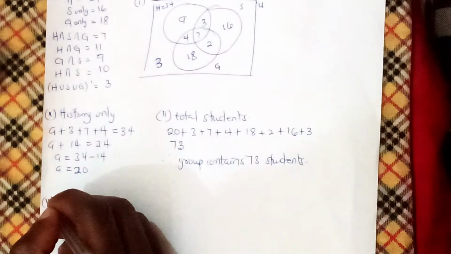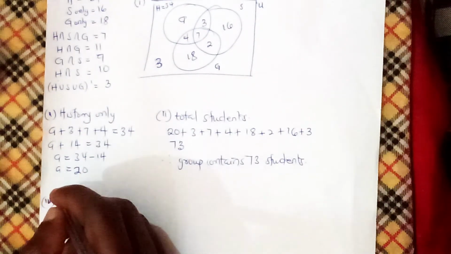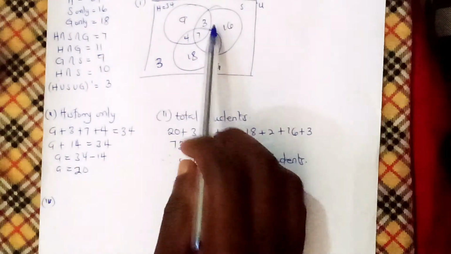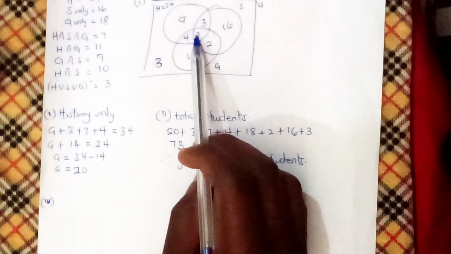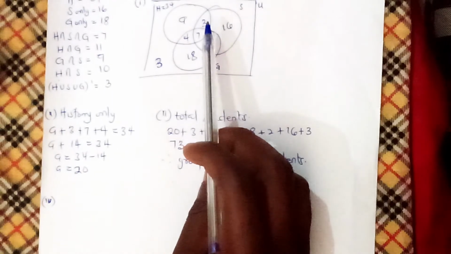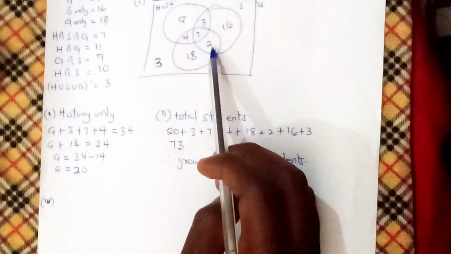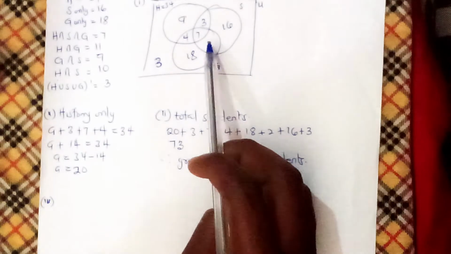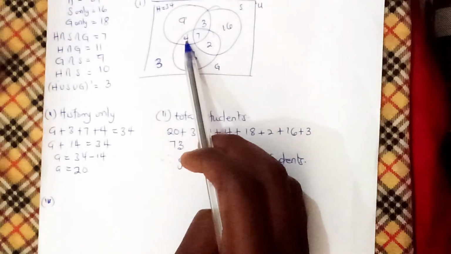We have how many students like exactly 2 subjects. Exactly 2 subjects is represented by this side, because this side shows 3 subjects. So if they say exactly 2 subjects, you are not going to pick only one of it. You have to add this side, and that of this side.